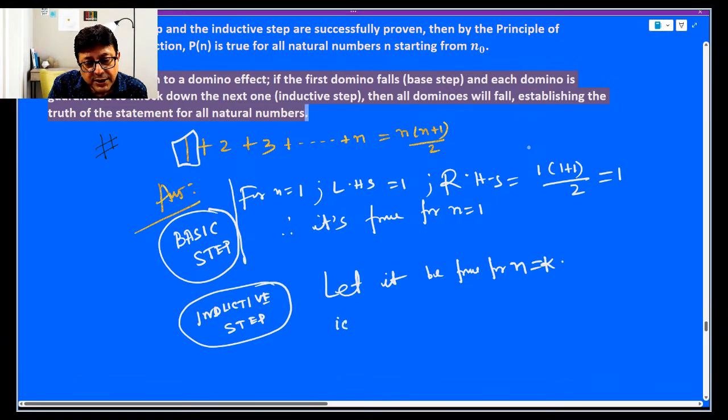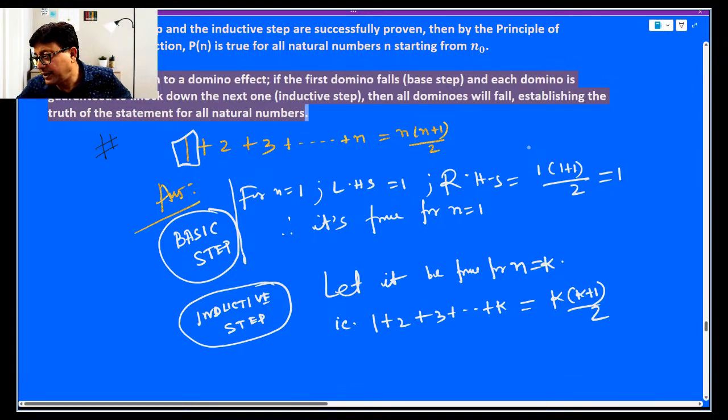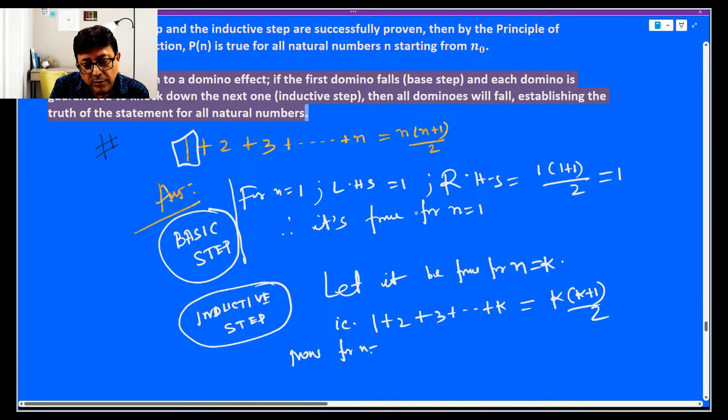That is, 1 plus 2 plus 3 up to k equals k into k plus 1 by 2. Isn't it? This you understand? This k into k plus 1 divided by 2. We assume that it is true for n equal to k. Now, for n equal to k plus 1, left hand side will be what? 1, 2, 3.